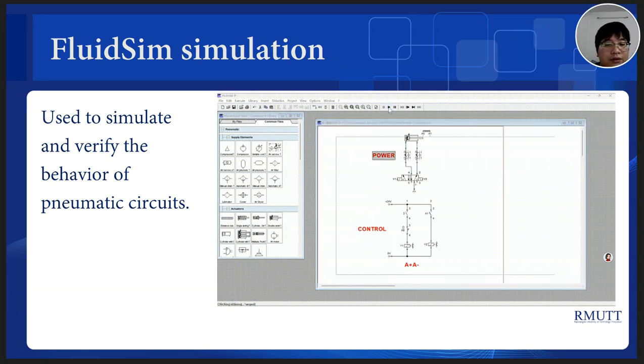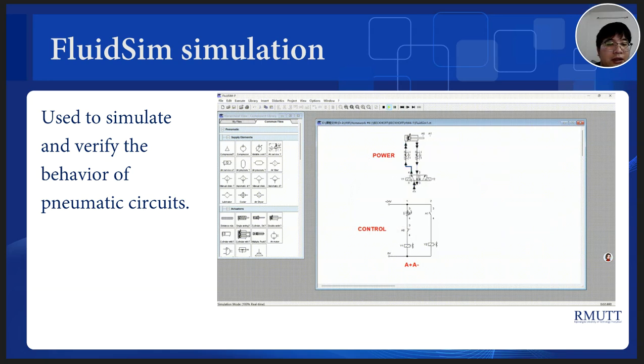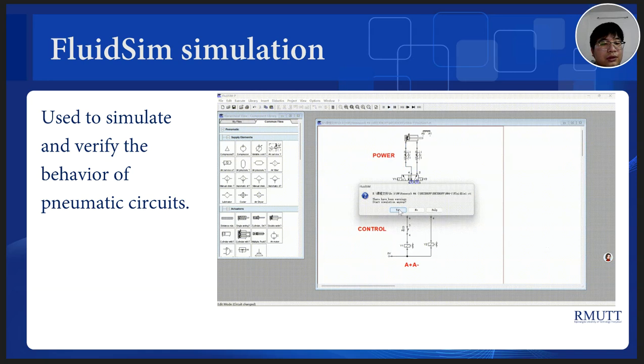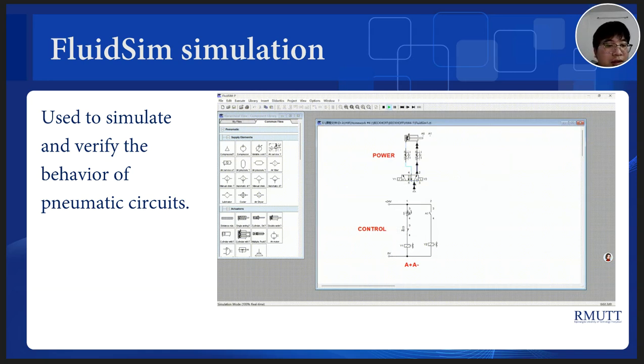It's very useful for checking whether the pneumatic design is correct before the real implementation. So FluidSim provides an effective way to verify the pneumatic principle in this project.